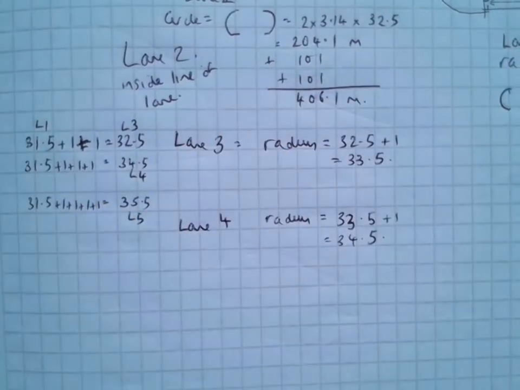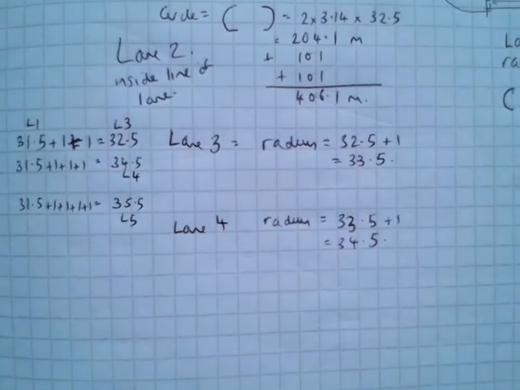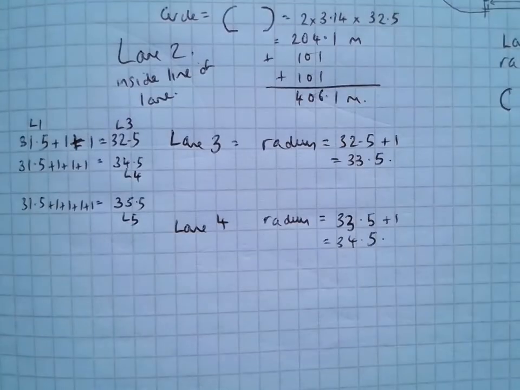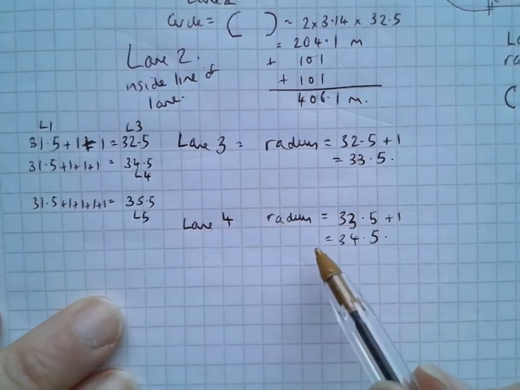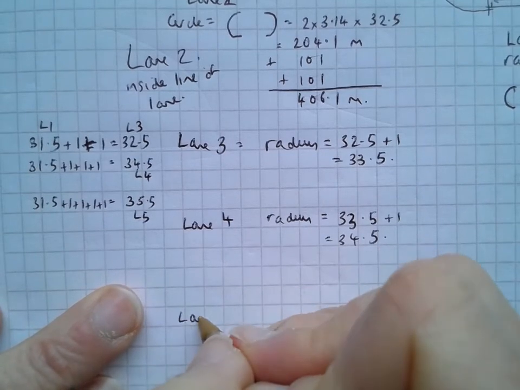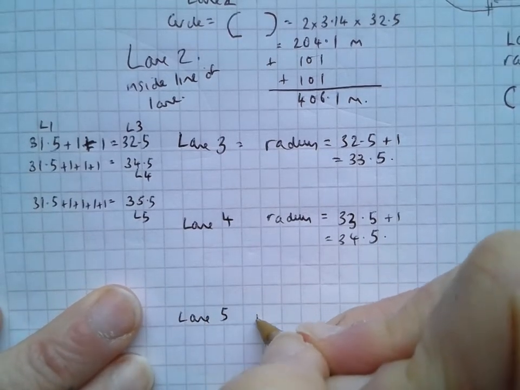Okay, so what I've got here is lane 4 is 34.5 and lane 5 the radius is 35.5.